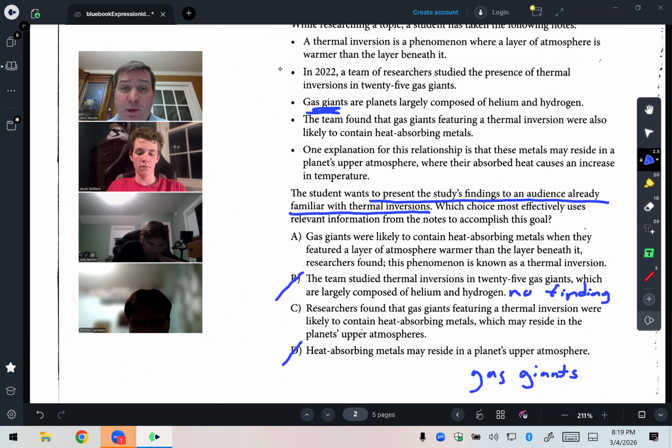A says gas giants were likely to contain heat-absorbing metals when they featured a layer of atmosphere warmer than the layer beneath it, comma, researchers found. This phenomenon is known as a thermal inversion. So is that the best way of phrasing the information? Or how about C? Researchers found that gas giants featuring a thermal inversion were likely to contain heat-absorbing metals, which may reside in the planet's upper atmospheres.